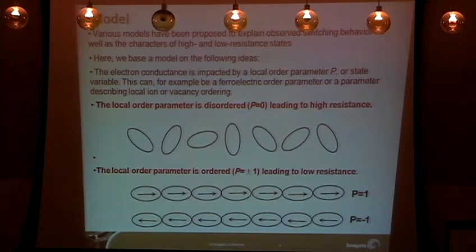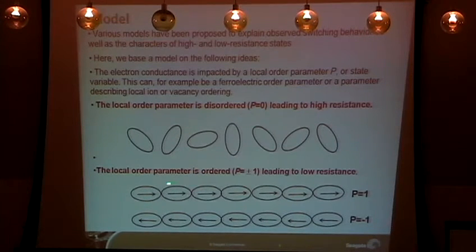For example, it could be an electric order parameter. That is, you have a local rearrangement or local ordering of the ions or vacancies as a result of the switching mechanism. So, loosely speaking, in a locally disordered state, which we call P equal to 0, you have high resistance, and you can have locally ordered states that have low resistance.